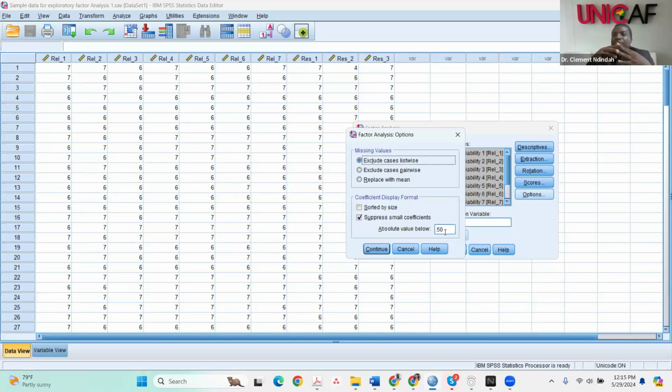And if there is really no correlation between them, it means they cannot be measuring the same thing. Just a quick example. Let me say I want to measure how satisfied people are with the service of a bank, and I use multiple questions to evaluate their satisfaction. Anybody who is satisfied with the service of the bank should have high responses to those questions. A person who is not satisfied should have low responses, because all of those questions are geared towards measuring their level of satisfaction.